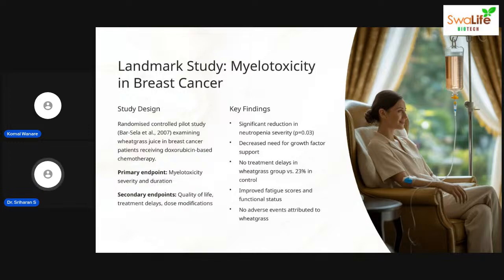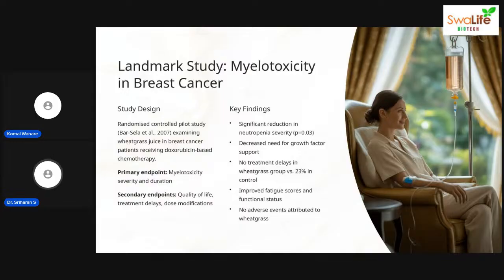Any wheatgrass, neem, or turmeric acts as a supportive therapy. So this study demonstrates how wheatgrass is useful as supportive care in oncology.